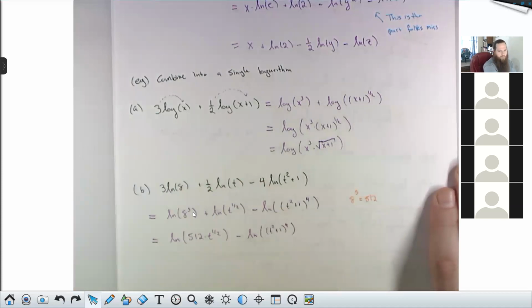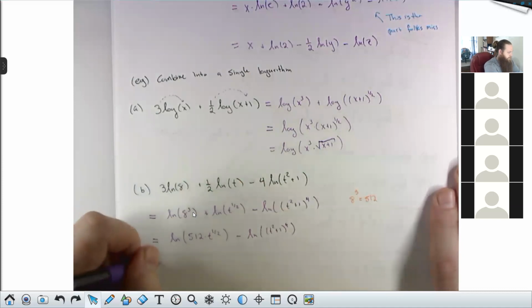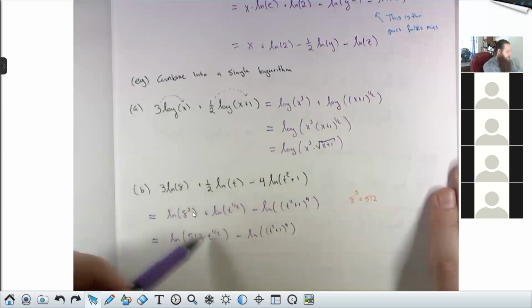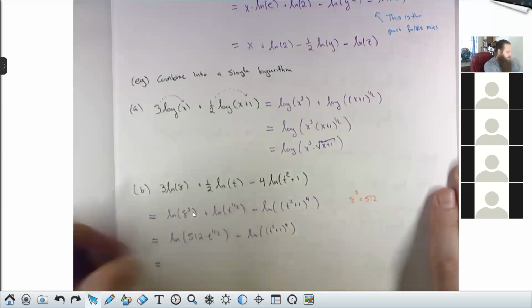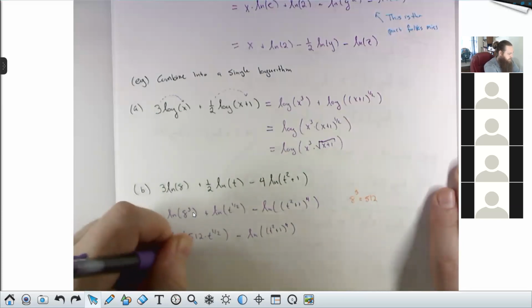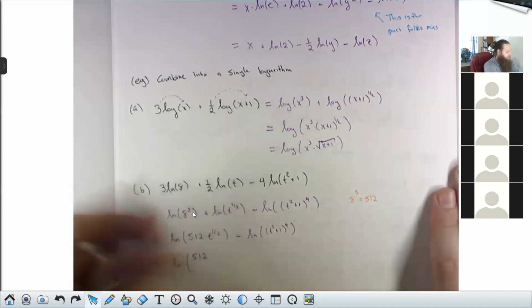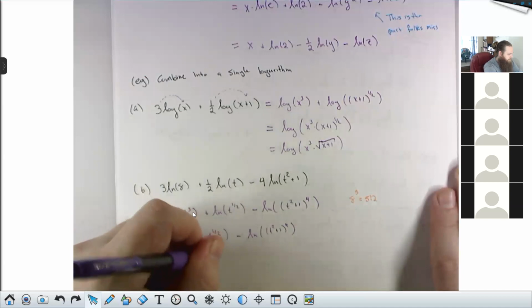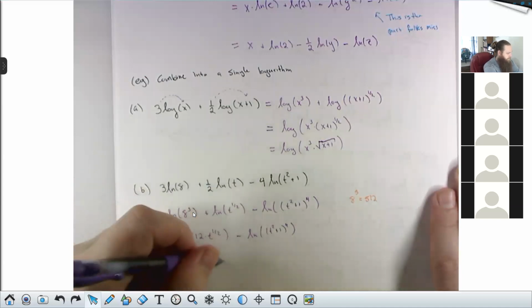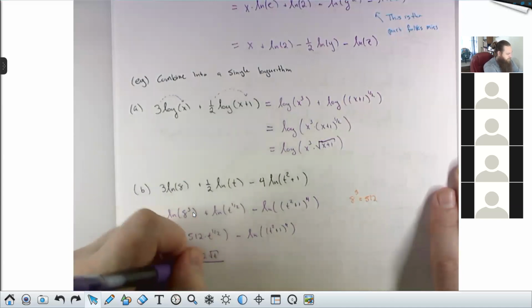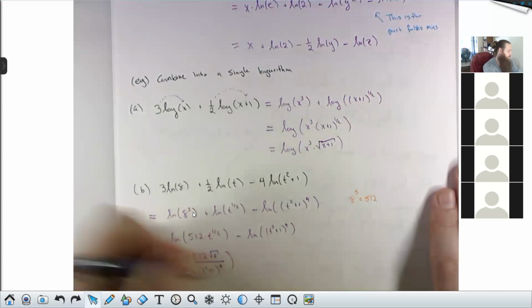I wouldn't do that. And finally, now I've got ln of one thing minus ln of another thing. I can write that as one ln with the stuff inside. Now 512 times t to the 1/2 is 512 times the square root of t. And then downstairs I've got t squared plus 1 to the 4th power like this.